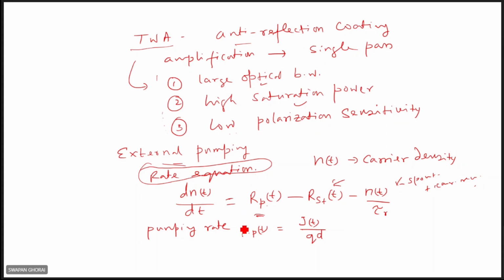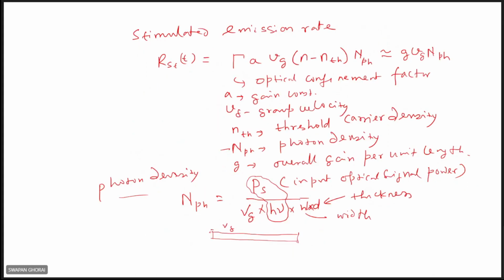And R_st depends upon several factors: gamma, the confinement factor, which we have seen in the calculations; the gain constant; the group velocity; n minus n threshold, related to the threshold current density; and N_ph also.